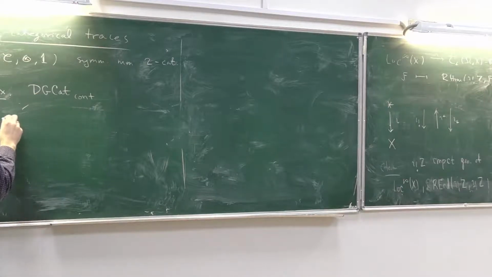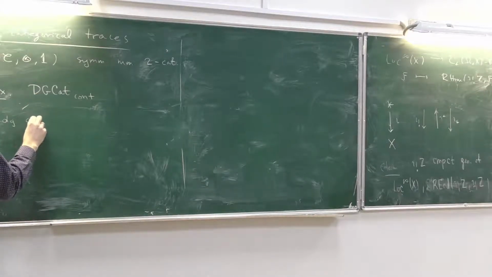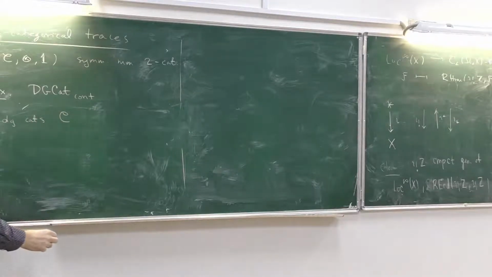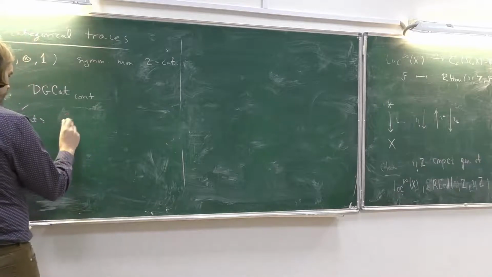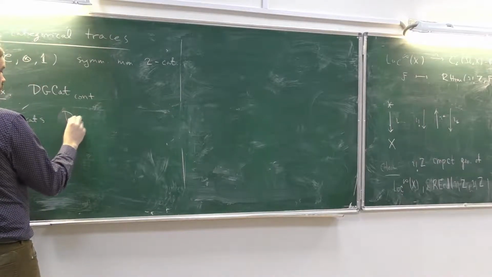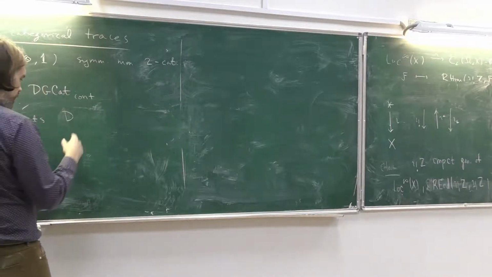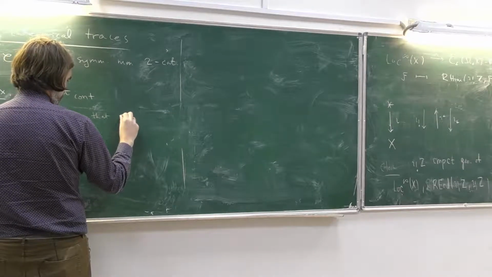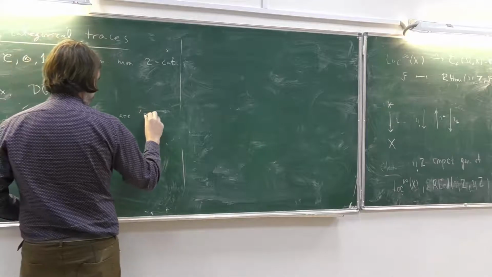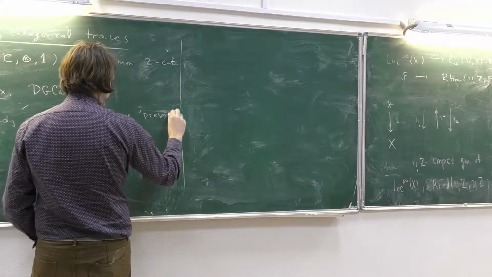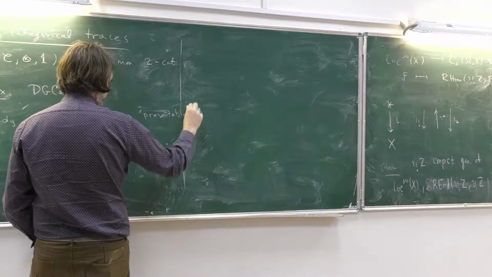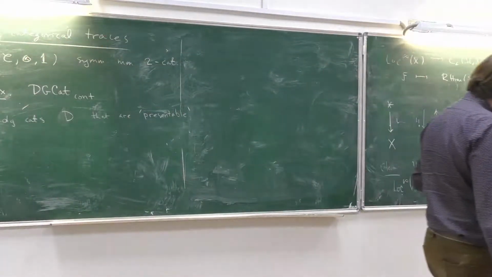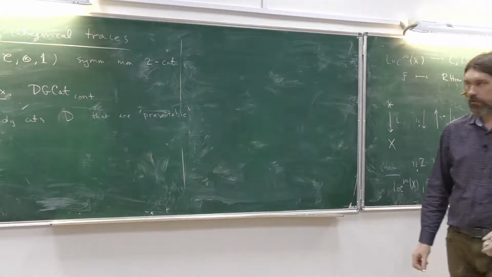These are differential graded categories, D, that are presentable. So very roughly, these are things that look like localizations of categories of DG modules.